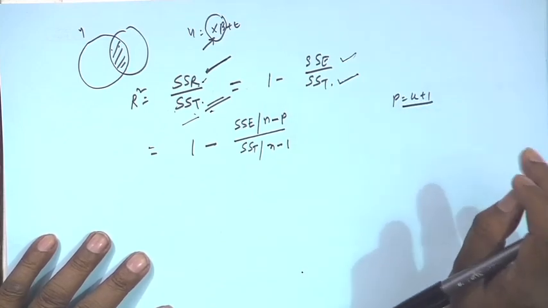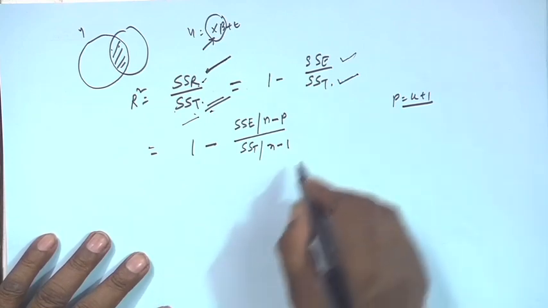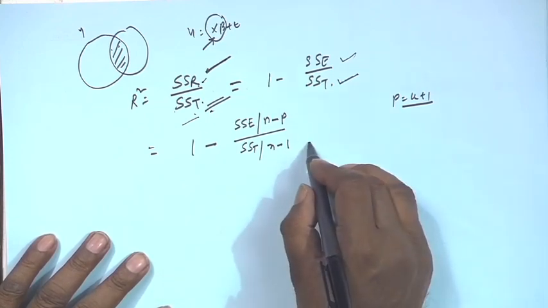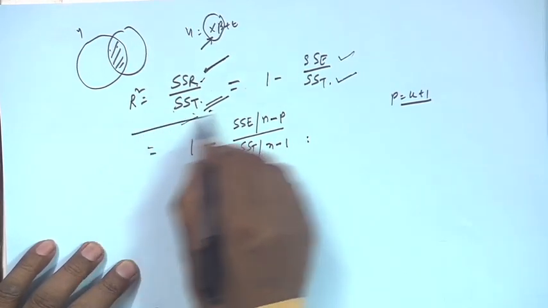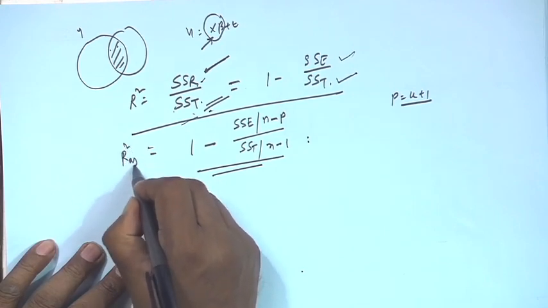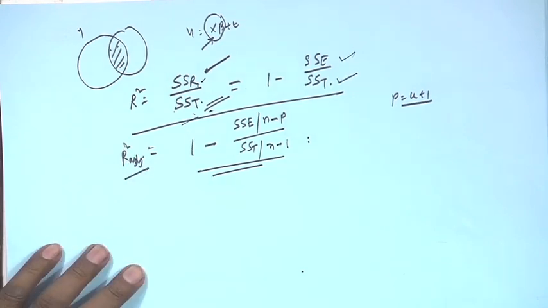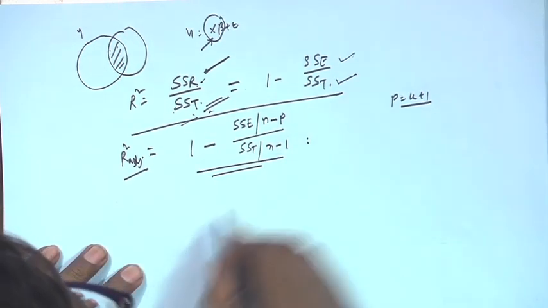If you write it like this, then this quantity gives you a measure which is known as R square adjusted. I will explain this a little further.